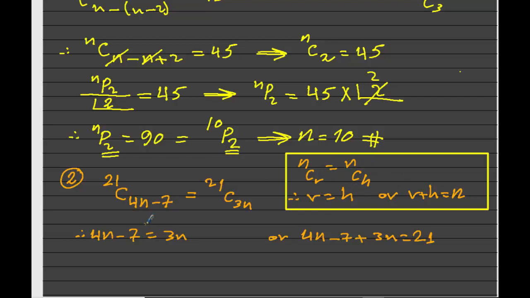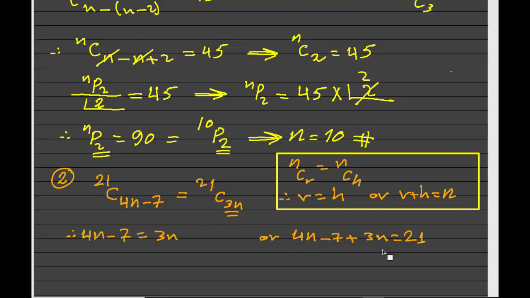It is the same here. We have 21C(4n-7) equals 21C(3n). It means 4n minus 7 equals 3n, or 4n minus 7 plus 3n equals 21. One of these. Okay, and we complete the solution here.